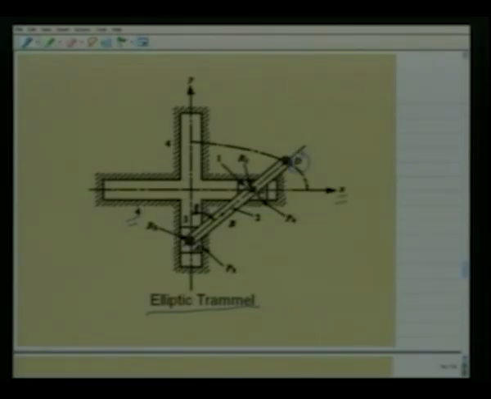This is, let's say, the x-axis, this is the y-axis. So the x coordinate of this point D, when the rod is making an angle theta with the vertical, is easily seen to be AD sin theta.